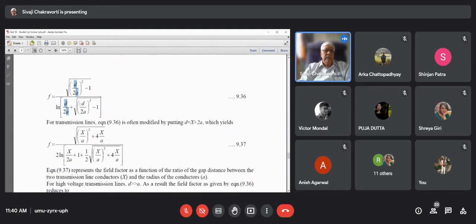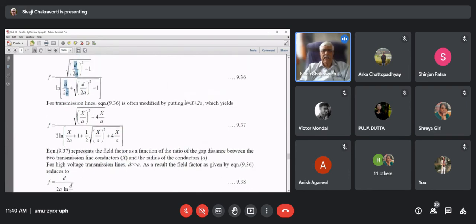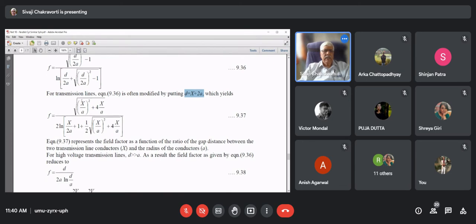And it is a function of the ratio d by 2a. People have tried to modify this expression where d is x plus 2a, then putting it in this expression and doing further algebra. People have tried to develop it in terms of x by a instead of d by 2a.